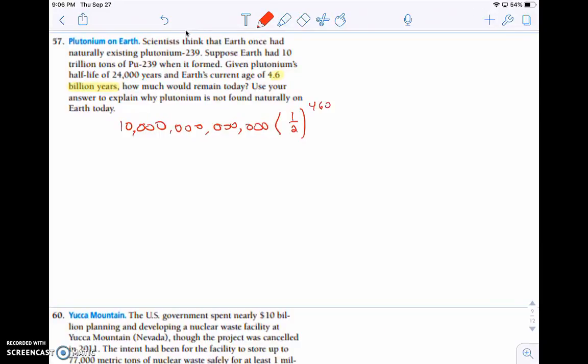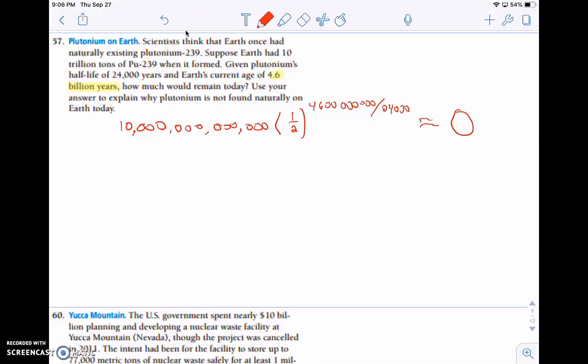So 4600, millions, and 100,000s and hundreds. Then divide that by the half-life, which is 24,000, and this is approximately 0. It's pretty much not traceable.